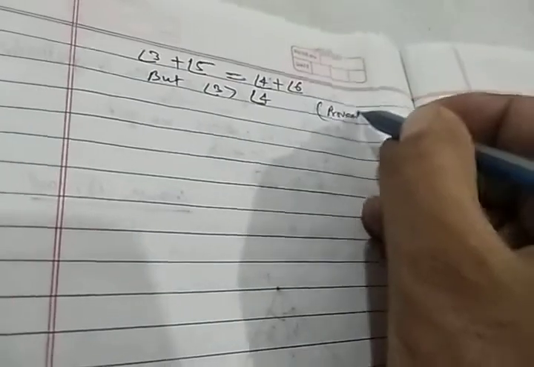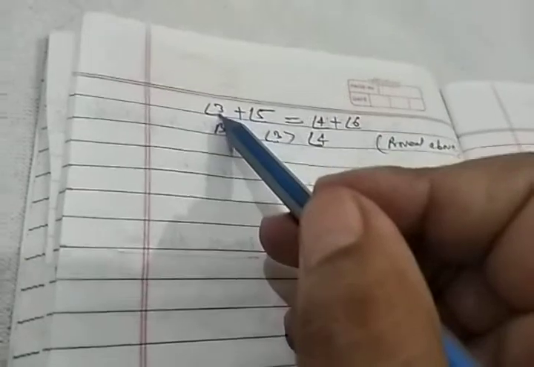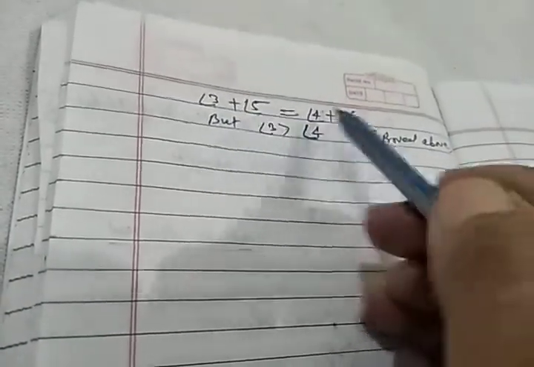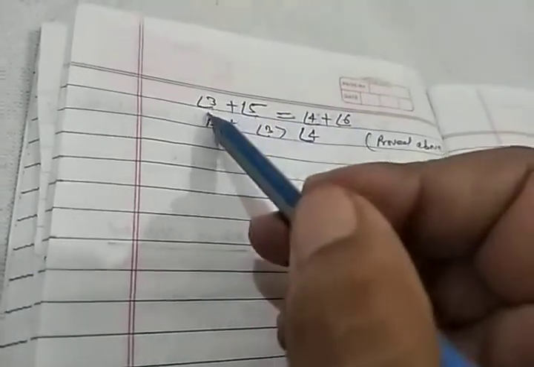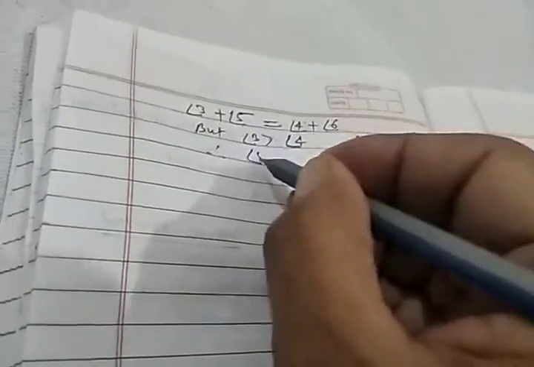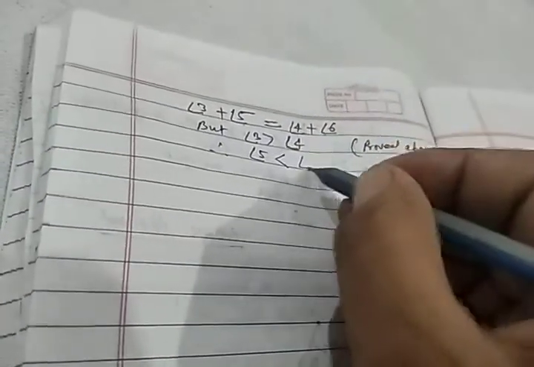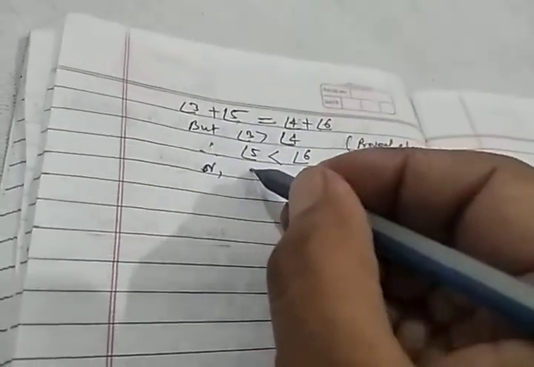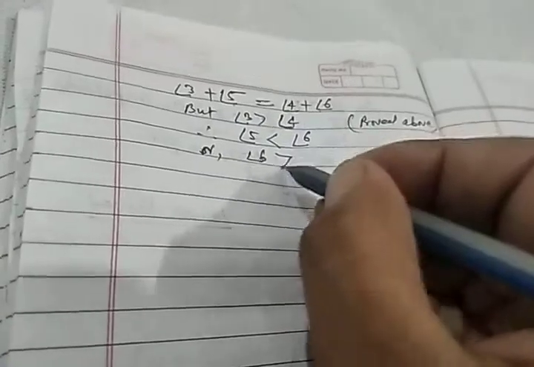We have proved above that if this one is greater and this one is smaller, then this will be smaller and this will be greater, because both sides are equal. Therefore angle 5 is smaller than angle 6, or you can write angle 6 is greater than angle 5.